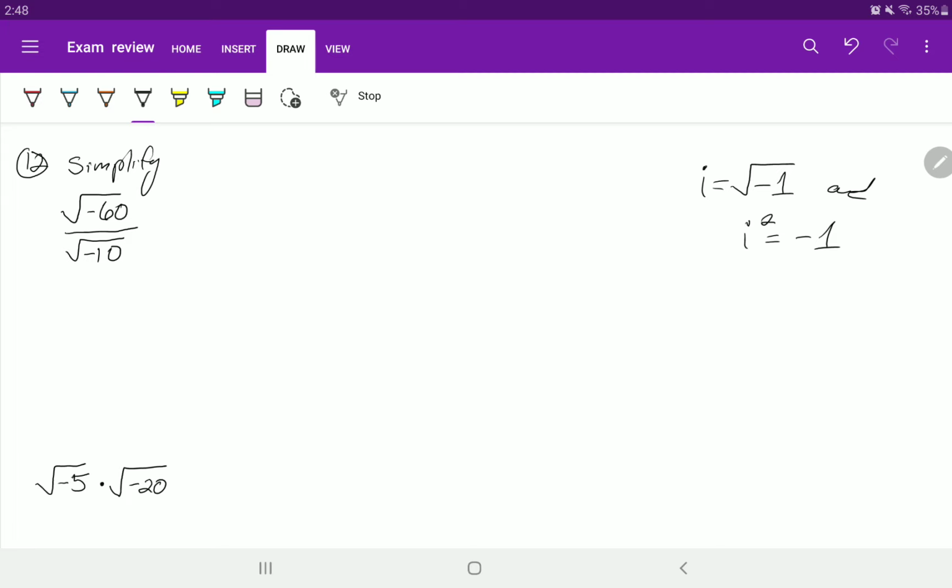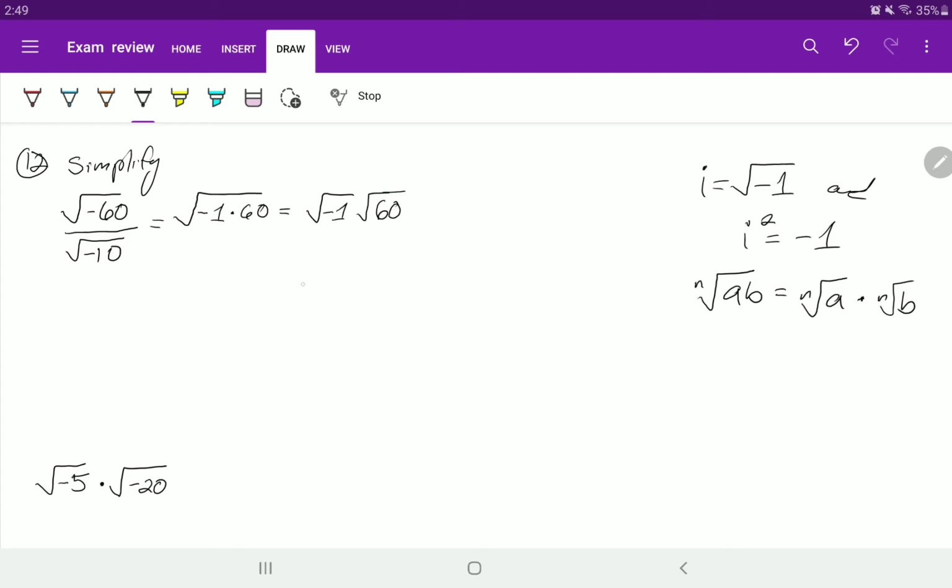I want to separate the negative from the 60, and I can use the rules of multiplying radicals. If you have multiplication under one radical, you can transform that to the multiplication of two radicals with the same index. So the square root of negative 60 becomes the square root of negative 1 times 60, which is the square root of negative 1 times the square root of 60.